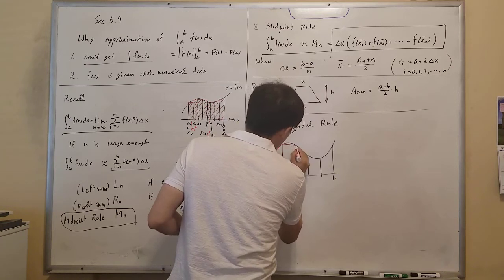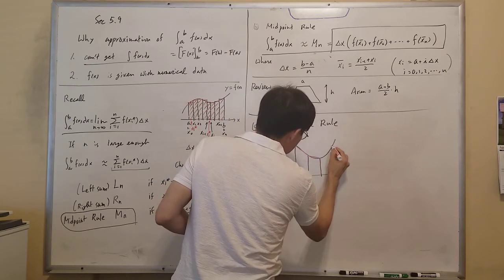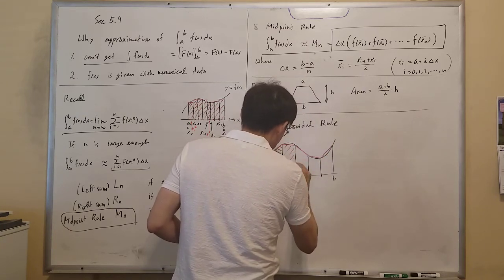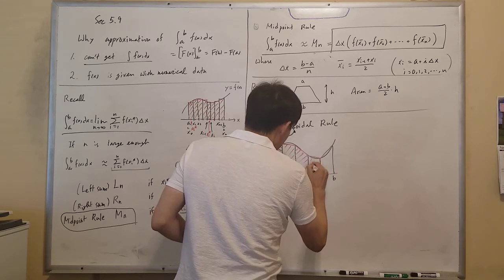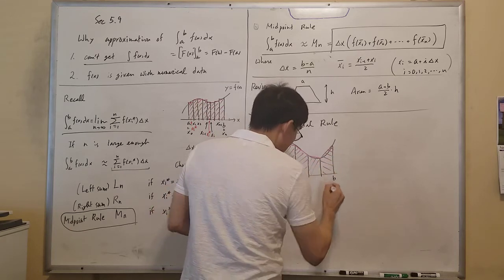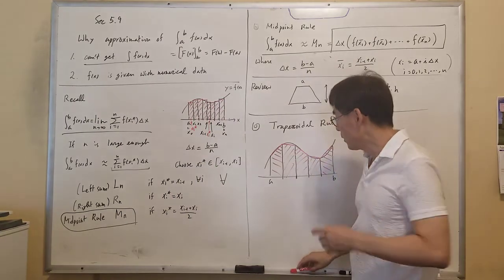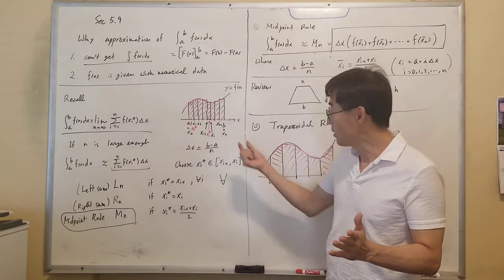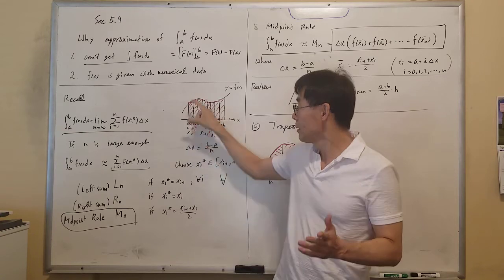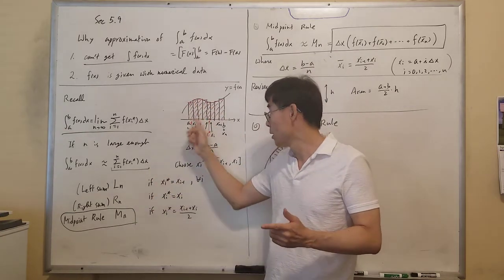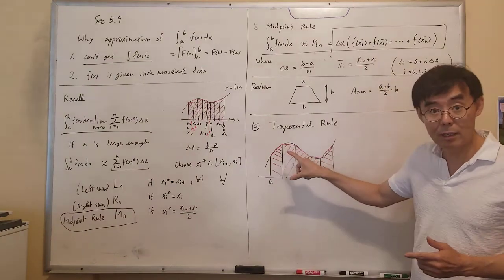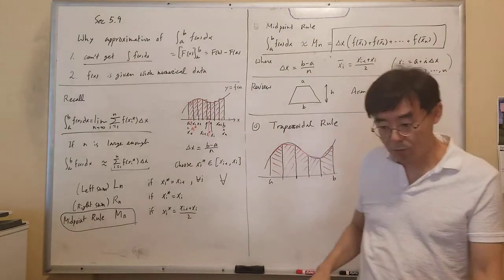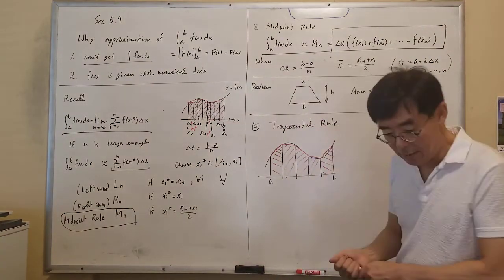You draw a trapezoid, and you add up the areas of the trapezoids as an approximation of the area of the region. Right? So trapezoids are not one of these Riemann sums, because a Riemann sum is always base length times height using function values somewhere in the interval. This one is not a rectangle at all. A Riemann sum is a sum of a bunch of rectangles. This is a trapezoid. Okay?